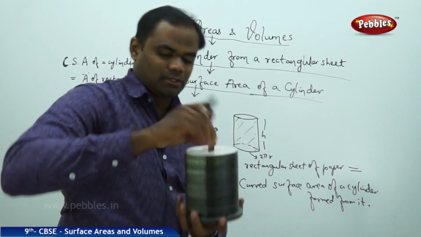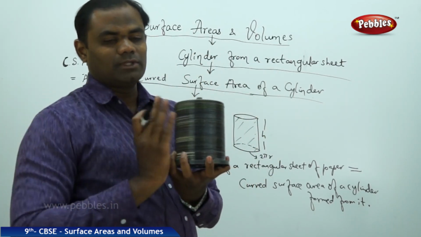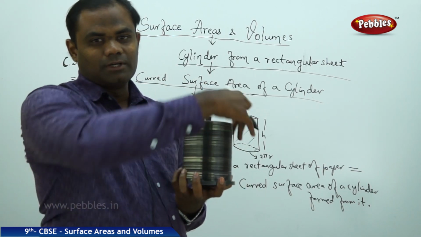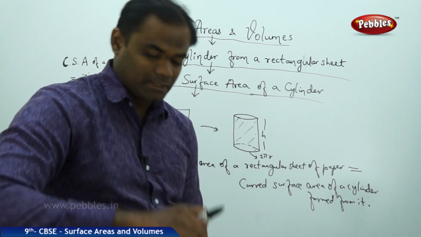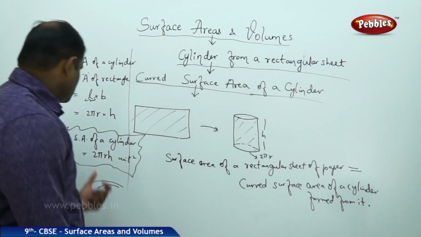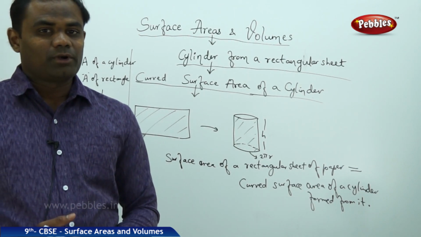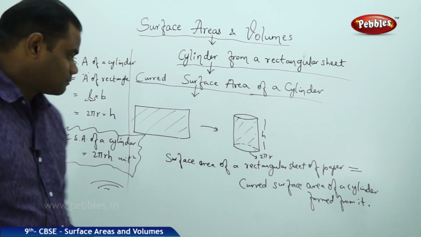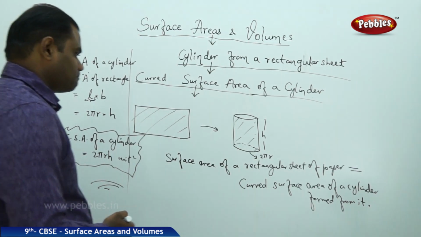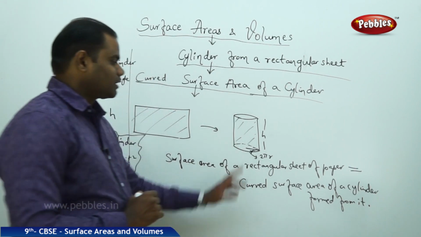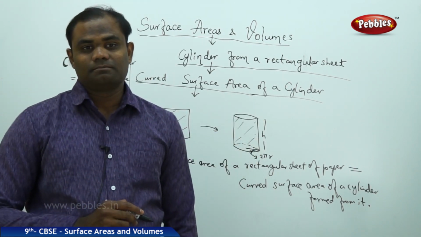If this is a cylinder, the curved surface area is only the curved part, not including the top and bottom. So the curved surface area of a cylinder is 2 pi r h unit square. Pi is 3.14, r is the radius and h is the height. So r is the radius of the circle and h is the height of the cylinder.